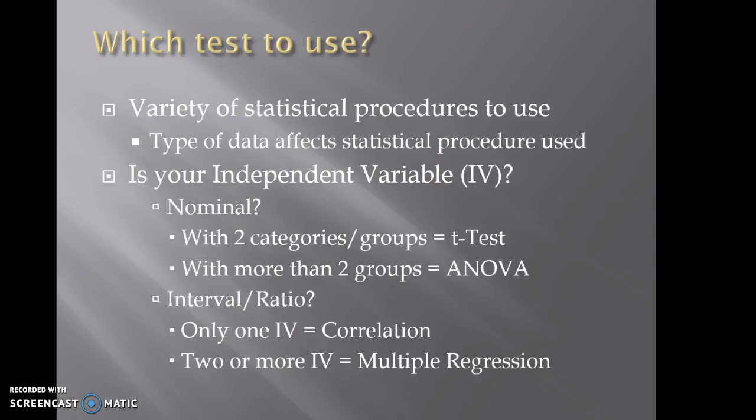So you're just deciding if it's a numerical independent variable. Is your numerical independent variable one, or do you have two or more independent variables? Make that determination now on your own data.